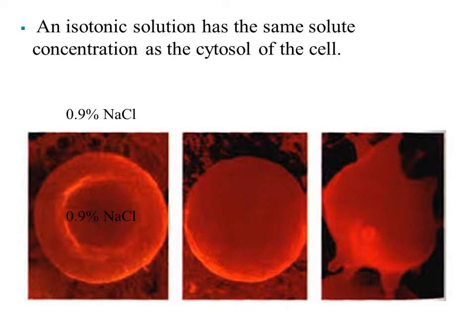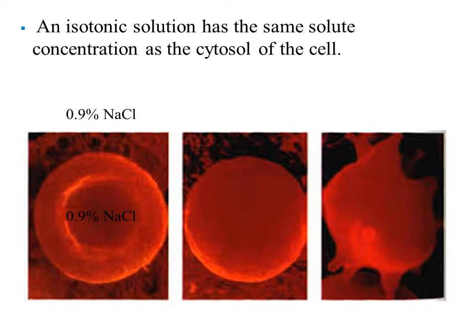An isotonic solution has the same solute concentration as the cytosol of the cell. The cell in question is an erythrocyte, a red blood cell. Inside of the red blood cell itself, you have 0.9% salt, sodium chloride.